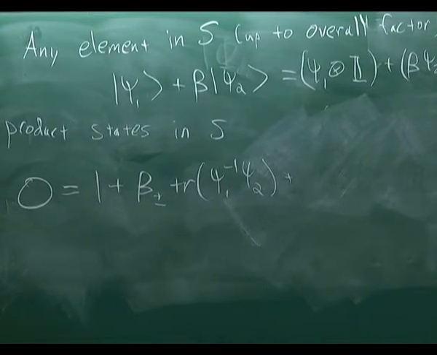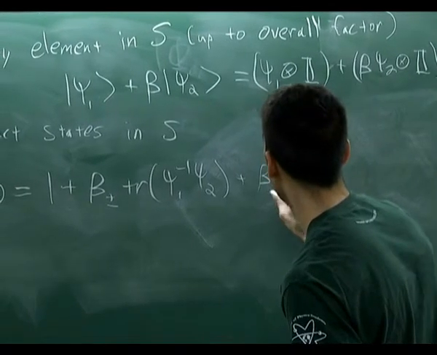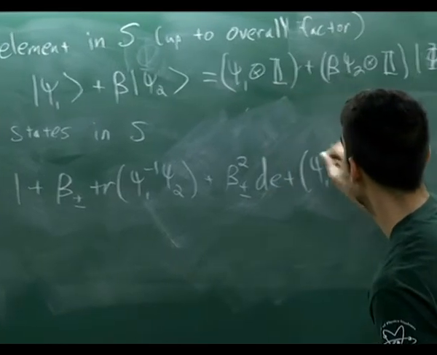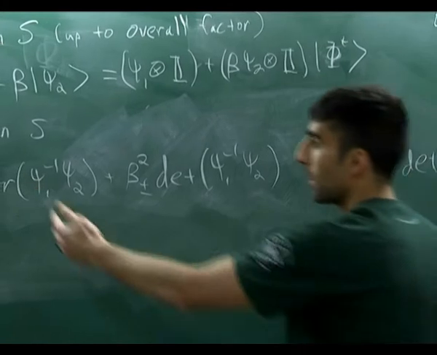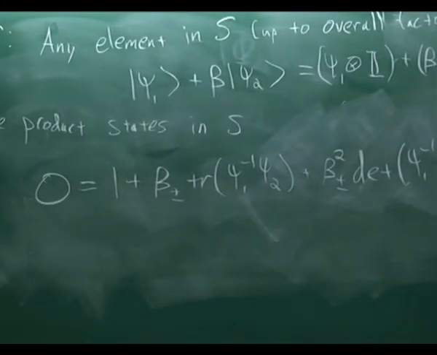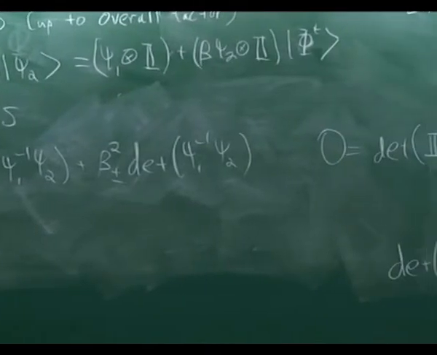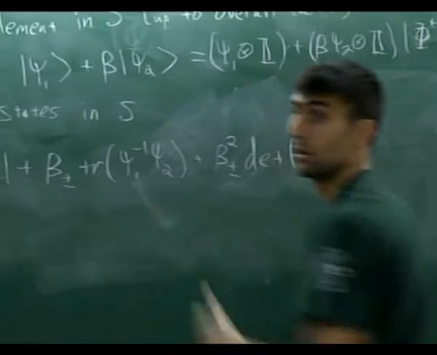Yeah, no, because it's the determinant of this, so we get a beta squared. That's right. Sorry. Determinant of psi 1 inverse psi 2. Okay, so I've written here that, remember, we're assuming that there's 2 product states, which means that this matrix has 2 eigenvalues. We're going to call them beta plus, beta minus. And they solve this equation.